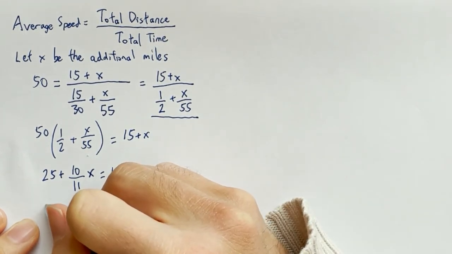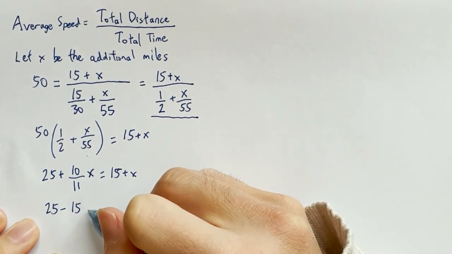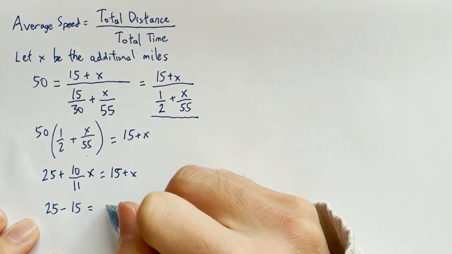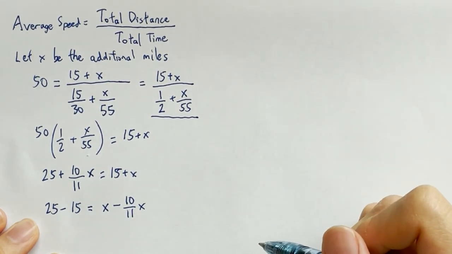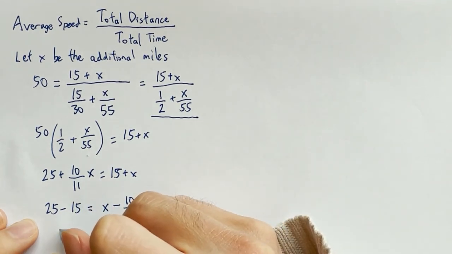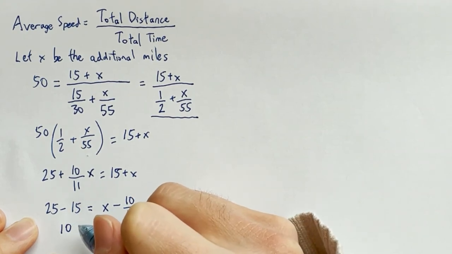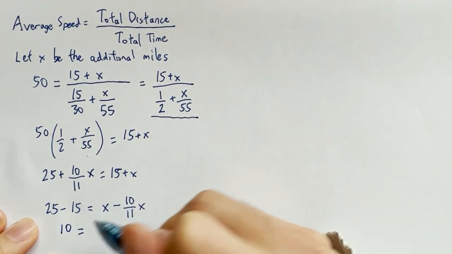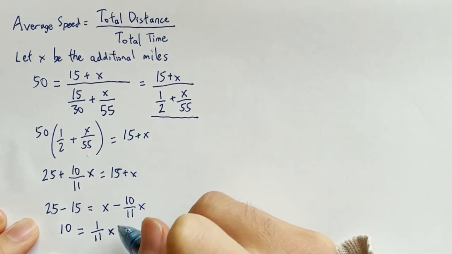So we'll end up with 25 minus 15 equals x minus 10 over 11x. Collecting the like terms here, 25 minus 15 is 10. And on the right-hand side, x minus 10 over 11x will leave us with 1 over 11x.